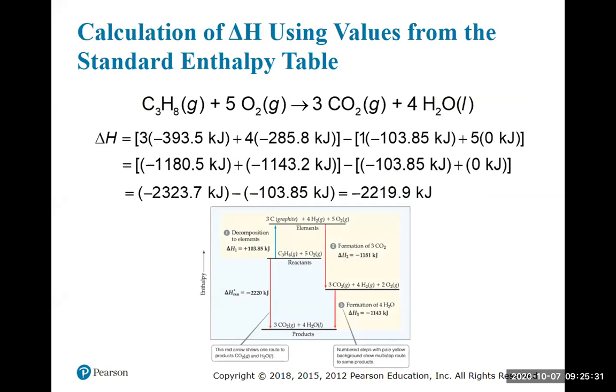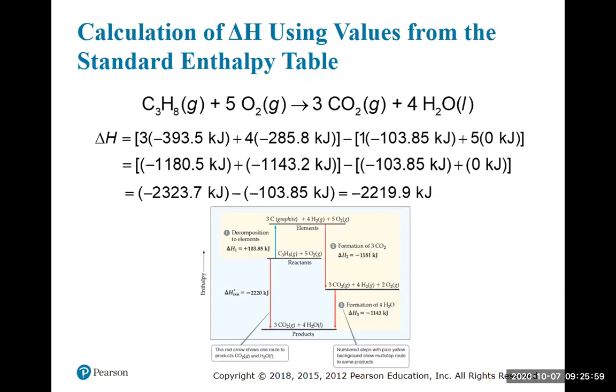So in the first bracket of things we're adding together, it's 3, because 3 moles of CO2, times minus 393.5 kilojoules. That's the delta H value we would have gotten out of the table. Plus 4 in front of the water, times minus 285.8. Once again, that's the number we would have gotten out of the table. So we sum those up. That's what those brackets mean.